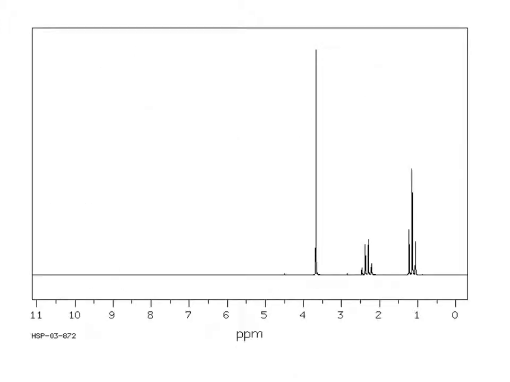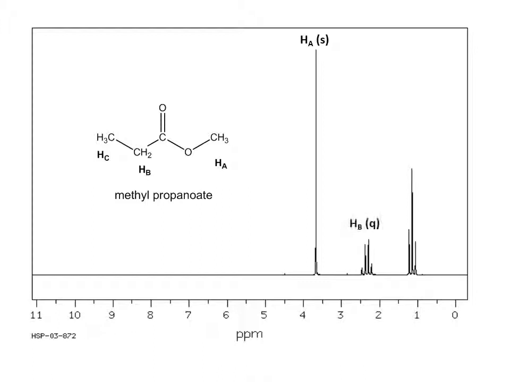Okay, we're going to take a look at the proton NMR spectrum of methyl propanoate again. This time looking at the splitting that's present and figuring out why it is what it is. So if you look at protons Ha, those protons in the methyl group are not within 3 bonds of any other protons, therefore it's a singlet. For the protons in CH2, Hb, that's within 3 bonds of a CH3.